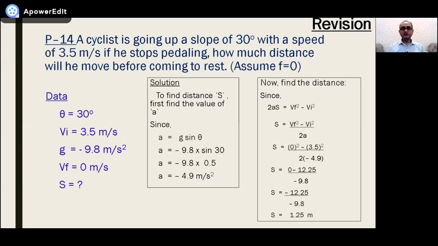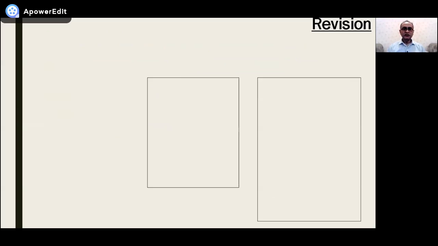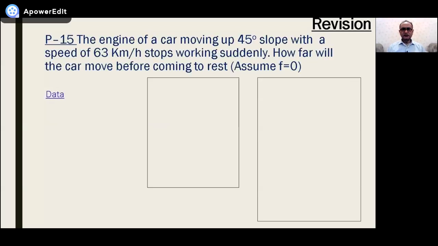The same sort of question, we did another one, only the data is more or less the same. Instead of a cyclist, we have a car which is moving with a velocity of 63 km per hour. And what is the slope? 45 degrees. We converted 63 km per hour into meter per second by multiplying by 1000 divided by 3600.